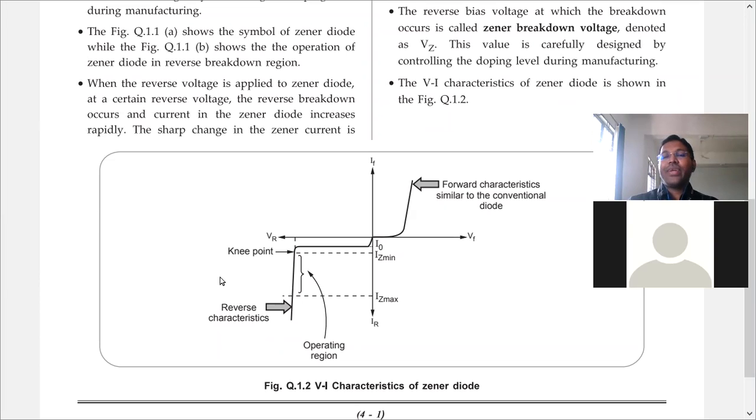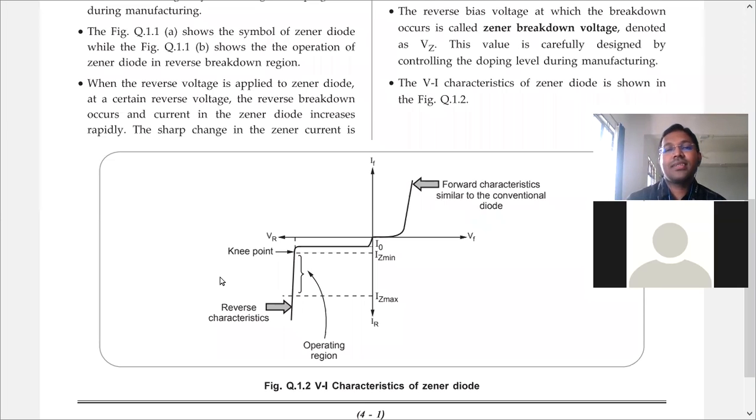Indirectly, can anybody answer what can we conclude from this? It is like A equal to B, B equal to C, so we can say A is equal to C. Doping will decide the width of the depletion region, and the width of the depletion region will decide the breakdown voltage. So what do you understand from this?